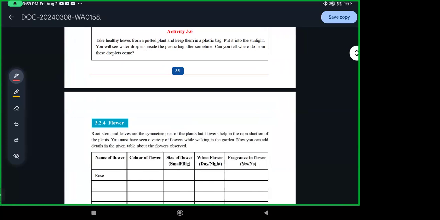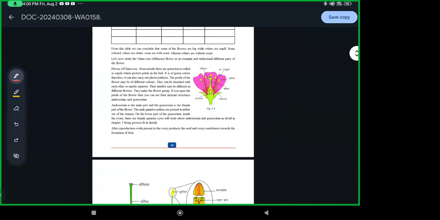If I would have asked just to explain the classification of plants, you could have written any of it, the first classification on the basis of their height, or the second one. But the question was: what are the two types of classification? That is, I'm asking for both. So that's how you can answer.